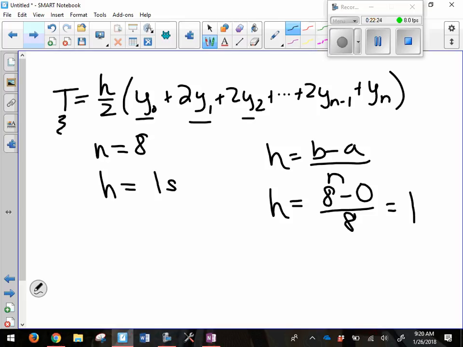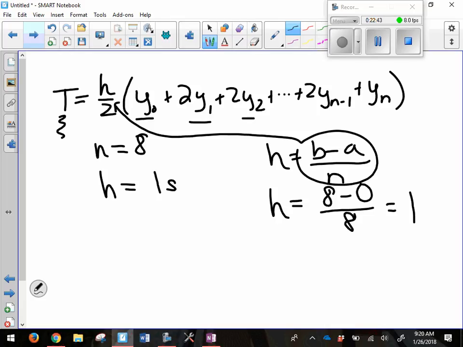When I wrote it here, if I substitute this in for h, then I do in fact get b minus a over 2n, but that's the same thing as writing h over 2. Okay, that's a good point to make.